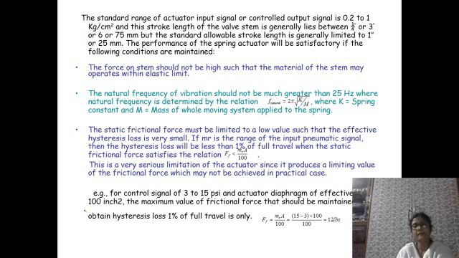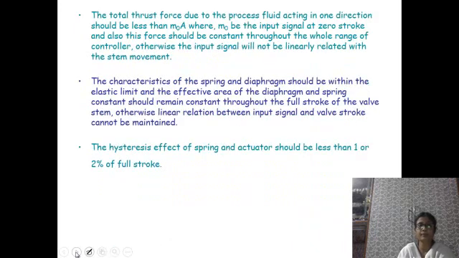The maximum value of the frictional force that should be maintained using MRA by 100: the range MR is 15 minus 3, the area is 100 square inch, divided by 100, so this is 12 pound. So in order to maintain the control signal for this effective area, the frictional force is 12 pound.